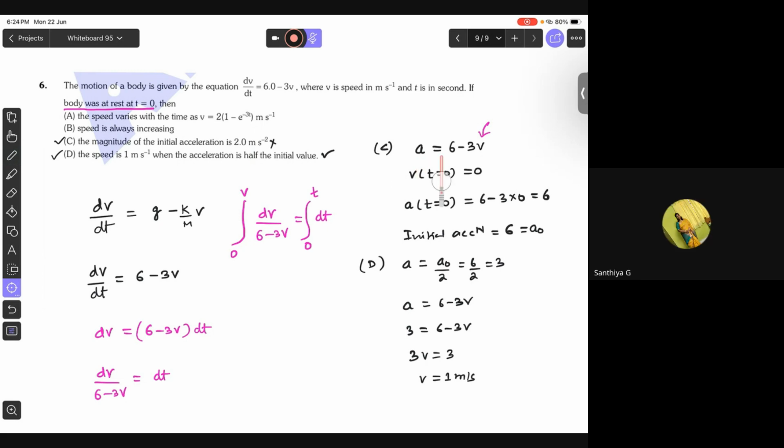Sir, but the acceleration which you got is 6 meter per second square. Yes, even so, if there is acceleration, the velocity can be 0. Why not? When I throw a projectile vertically upward, at maximum height, what is the velocity? 0. What is the acceleration? Minus g.